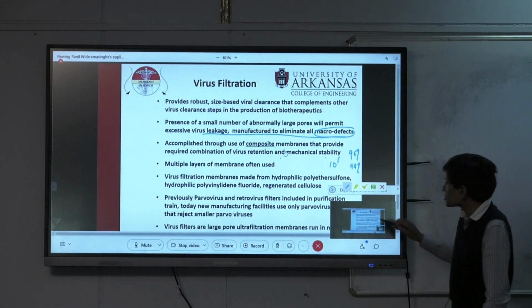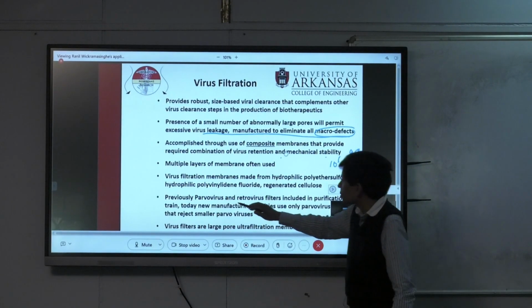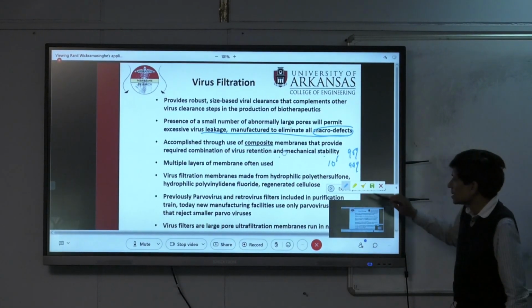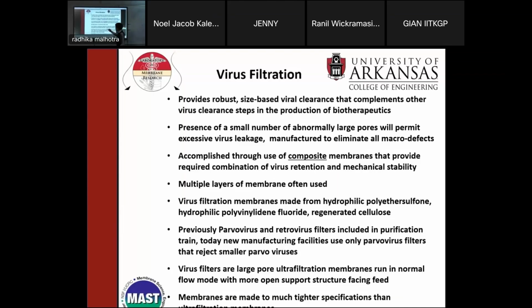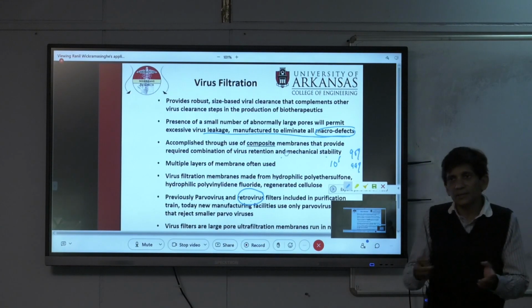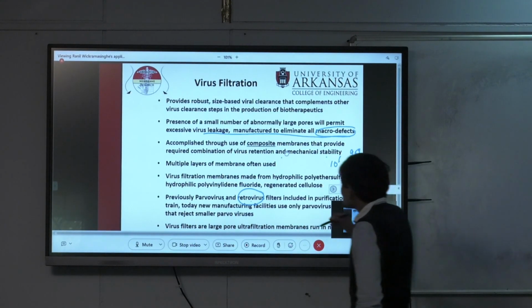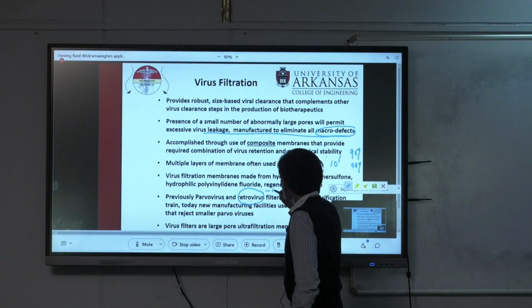Now, this is important. Previously, there were so-called parvovirus and retrovirus filters in the purification train. Retroviruses are the ones present in very high concentration, and they exist because the cells were multiplying and produced viruses, right? They are typically around 100 nanometers in size.